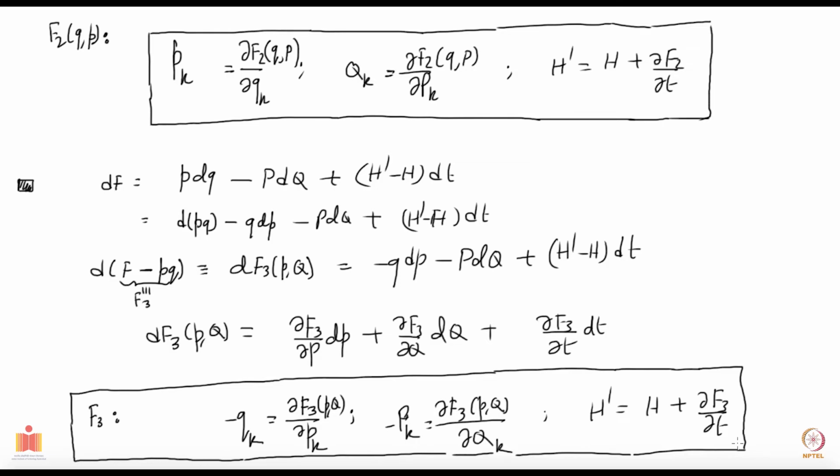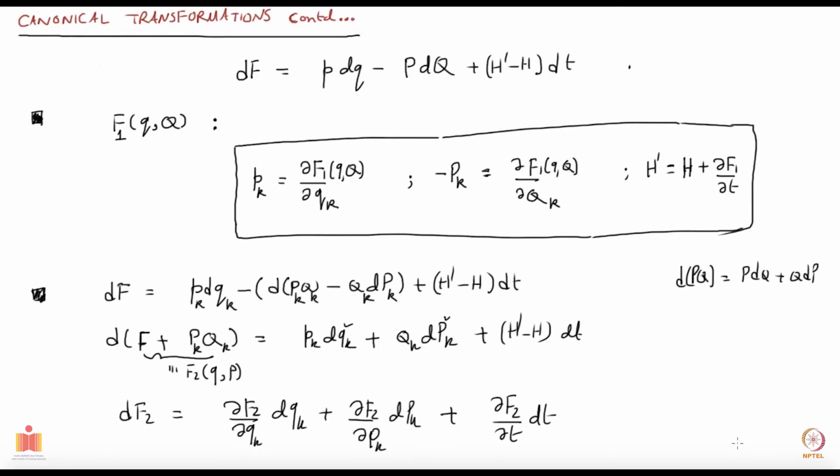I will now change both. I will take this df and change from dq to dp, and here from capital dQ to capital dP. That's what I'll do.